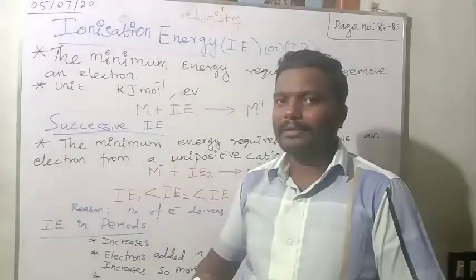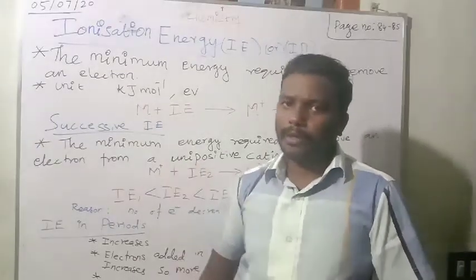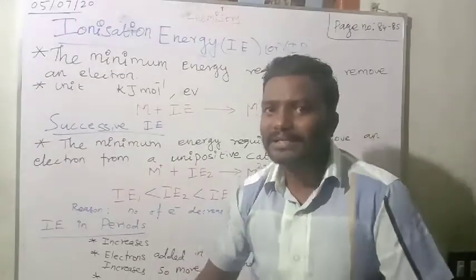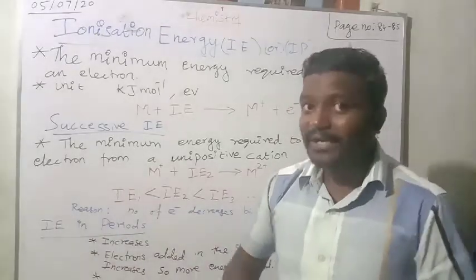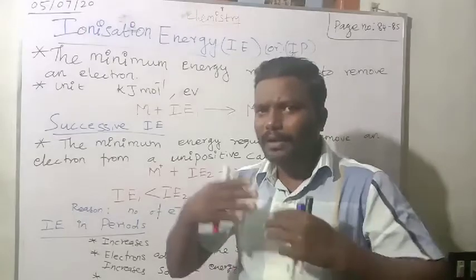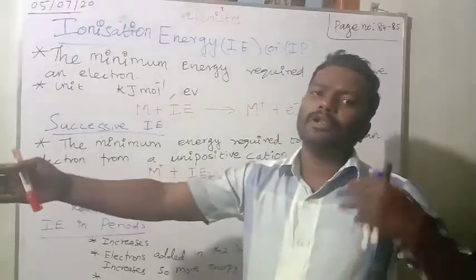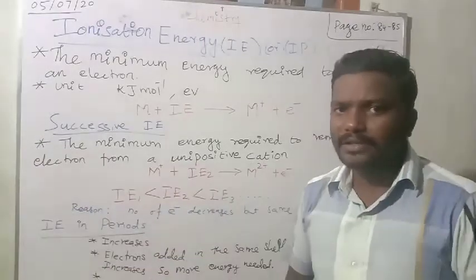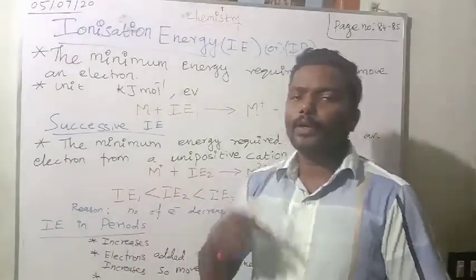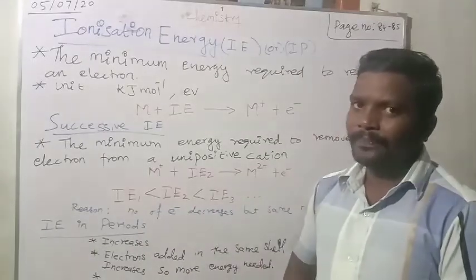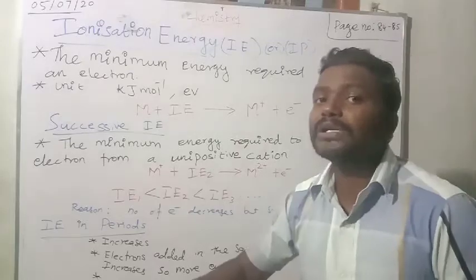In the last shell, the valence shell, there is less force of attraction compared with the inner shells, because of the shielding effect. Also, when new shells are added, the distance between the nucleus and the outermost shell increases, which decreases the force of attraction. Because of that, it has a loosely bound electron.